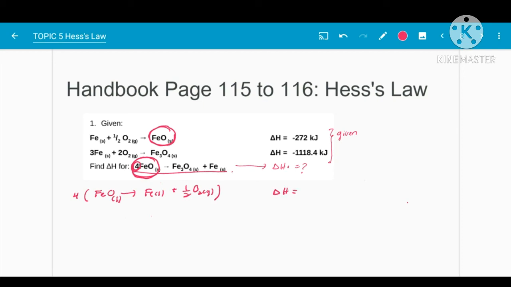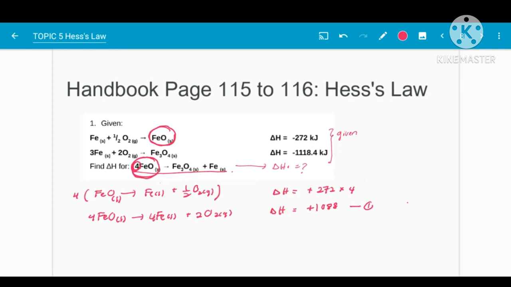That is why the enthalpy change has its sign converted to positive 272 and multiplied by 4. So 4 FeO solid produces 4 Fe solid plus 2 O2 gas, with delta H of 272 times 4, which is positive 1088. This is the first equation.